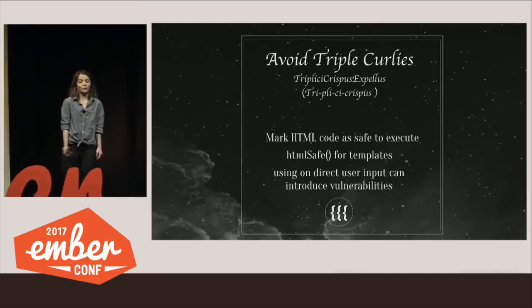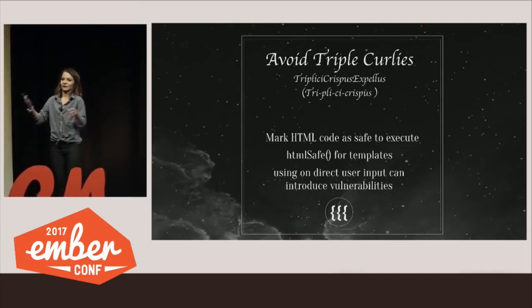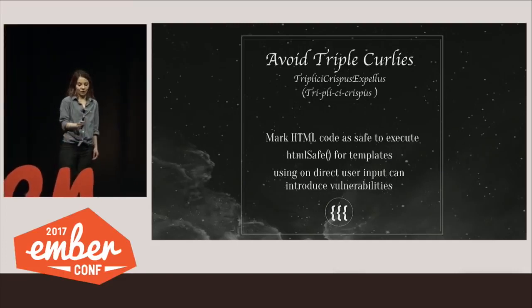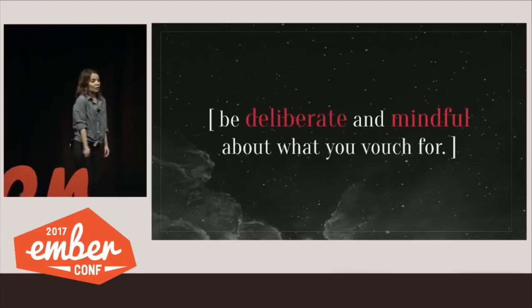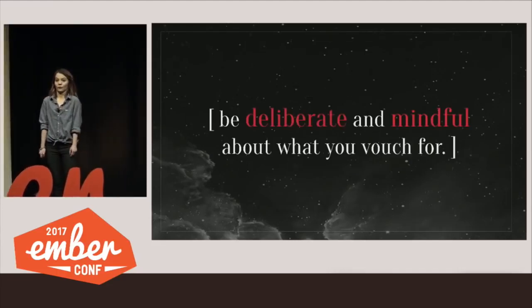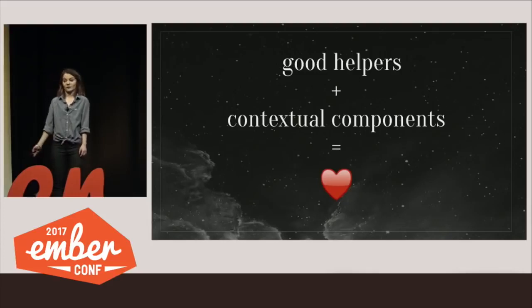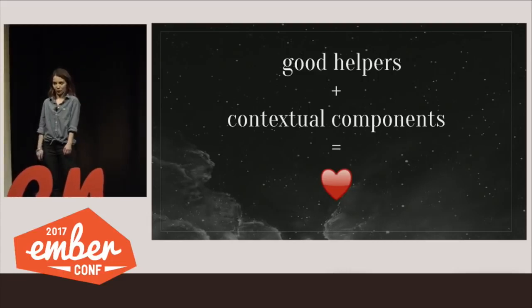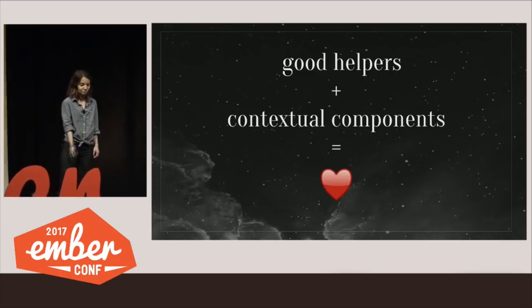Triple curlies are basically HTML safe for templates, and you should never use them directly on user input. In fact, you should always be deliberate and mindful about what you vouch for. But the reality is that you should never, ever find yourself in a situation where you have triple curlies. If you do, you should probably consider refactoring some code with contextual components and good helpers in mind. Good helpers plus contextual components would allow you to not have triple curlies in your code anymore. And if you do, please go and refactor it.